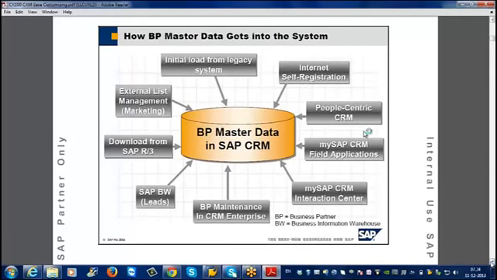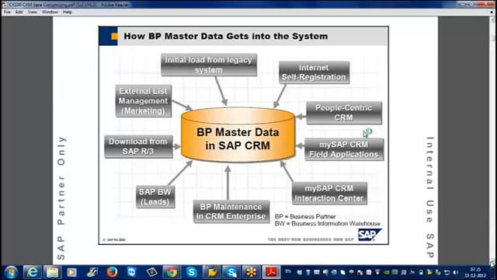It will be either through initial load from legacy system. And then if the CRM has the e-commerce scenario, then internet self-registration. We have our website and the interested customer can log into the e-commerce website of the company or the client.